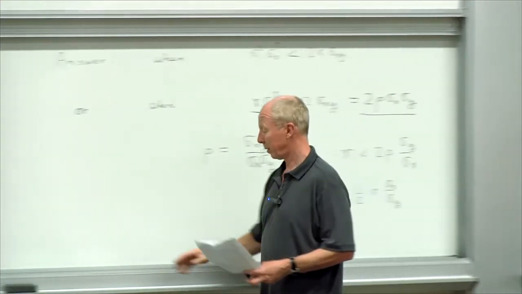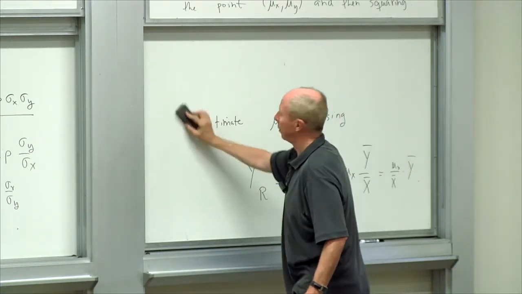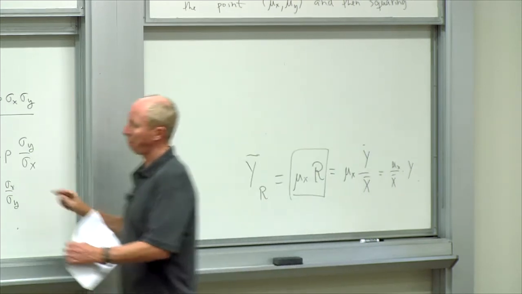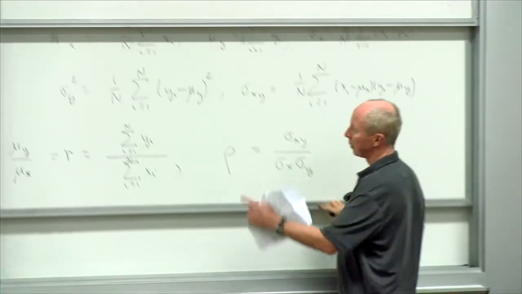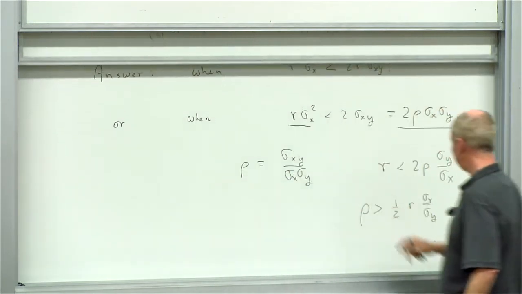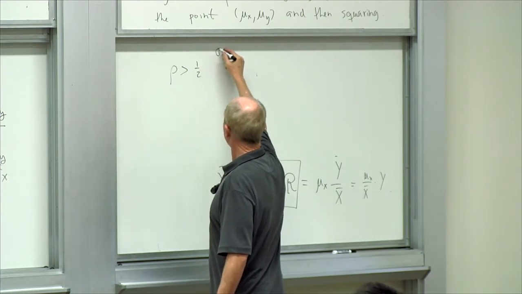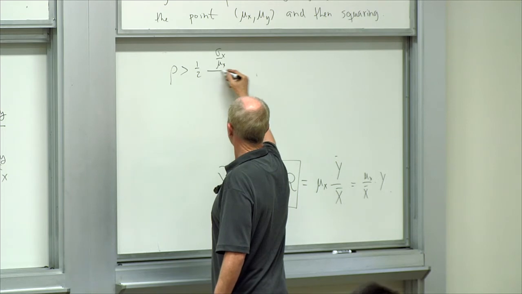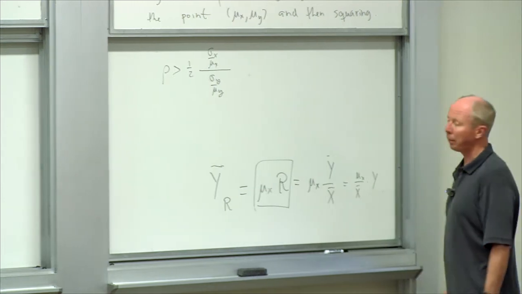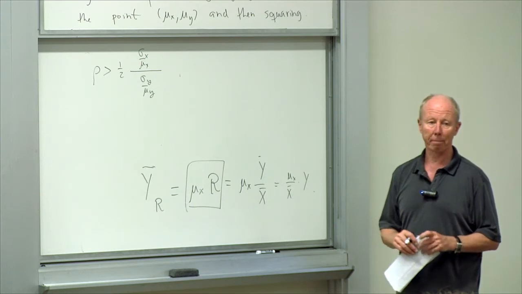And I'm going to rewrite that right on the definition of R. Little r is mu y over mu x. And if I do that, I can rewrite it this way. Put the mu x under the sigma x and the mu y under the sigma y.